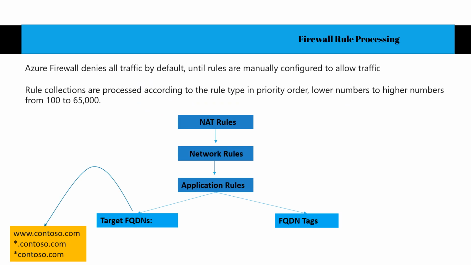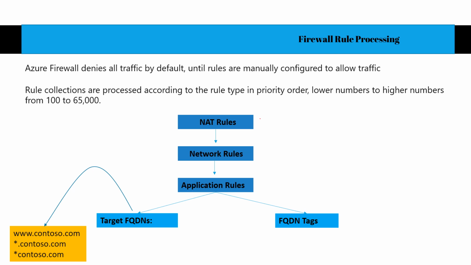Another thing which is very important, you need to keep in mind how these firewall rules are processed. Azure Firewall denies all the traffic by default until rules are manually configured to allow traffic, and that is what we have seen while discussing the firewall architecture. Rule collections are processed according to the rule type in priority order, from lower numbers to higher numbers, from 100 to 65,000.